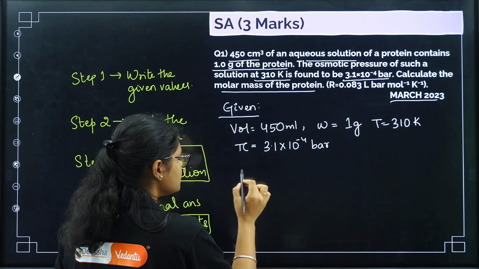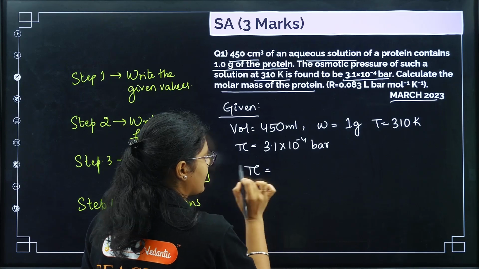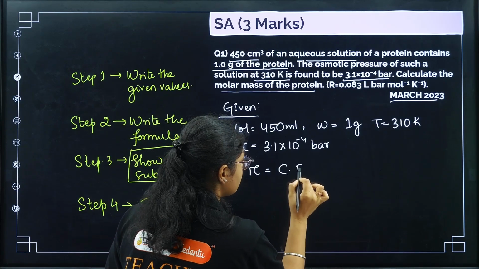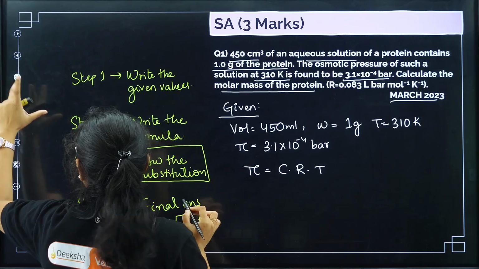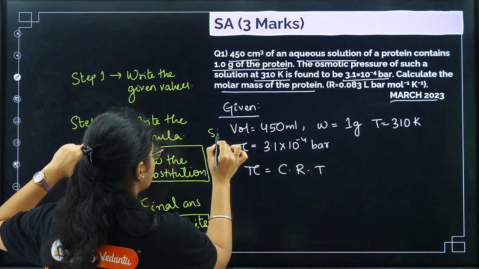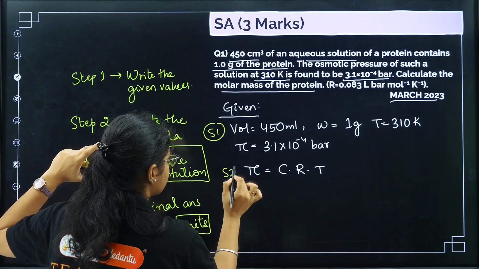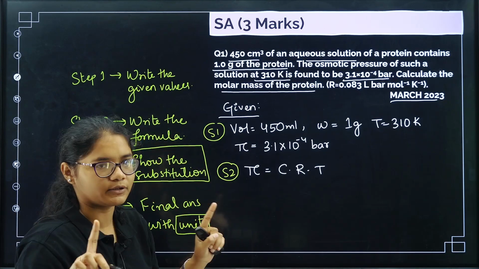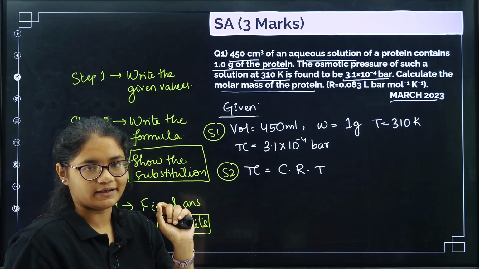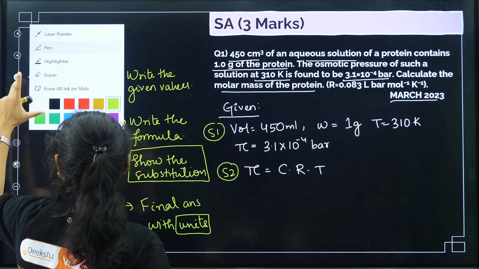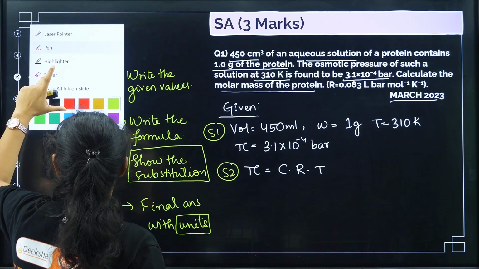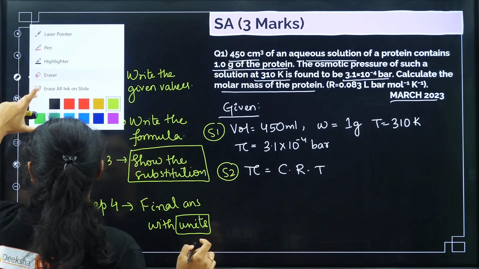So now you can write the first formula. Pi is equal to C into R into T. This is step number 1, and this is step number 2. You need not write step 1, step 2 in the exam. Just to show you, I am writing here. Now we can expand the formula a little.